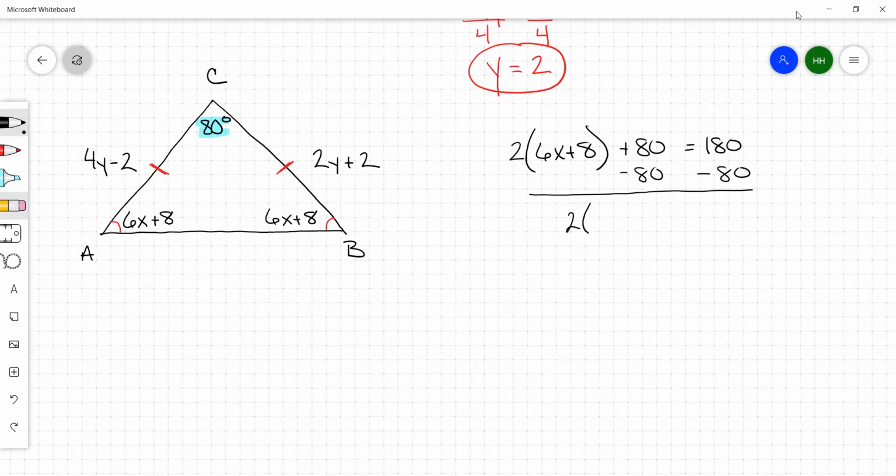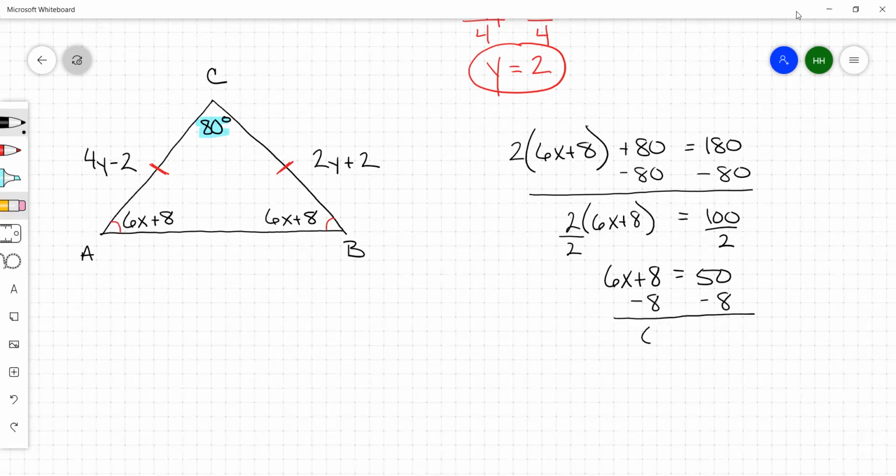So you've got 2 times 6x plus 8 equal to 100. Now you can do the distributive property, or you can divide both sides by 2. So your 6x plus 8 would equal 50. And then subtract 8 from each side. Your 6x equals 42. And then you can divide both sides by 6. And x equals 7.